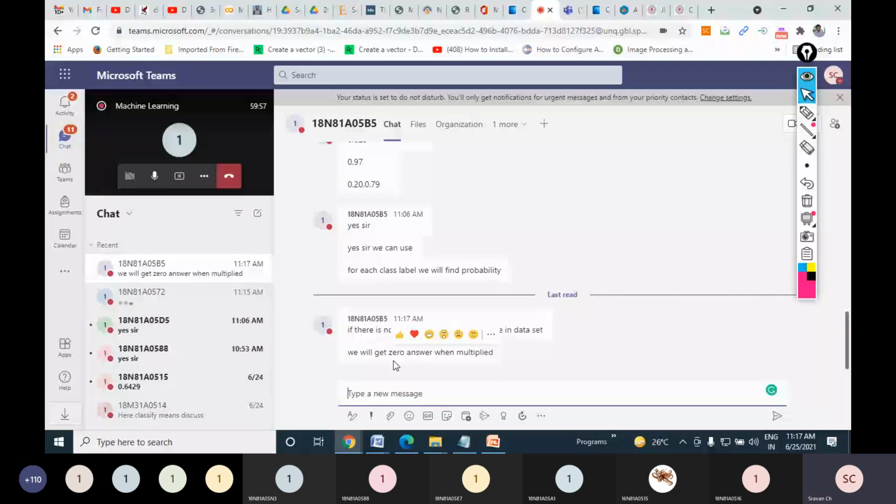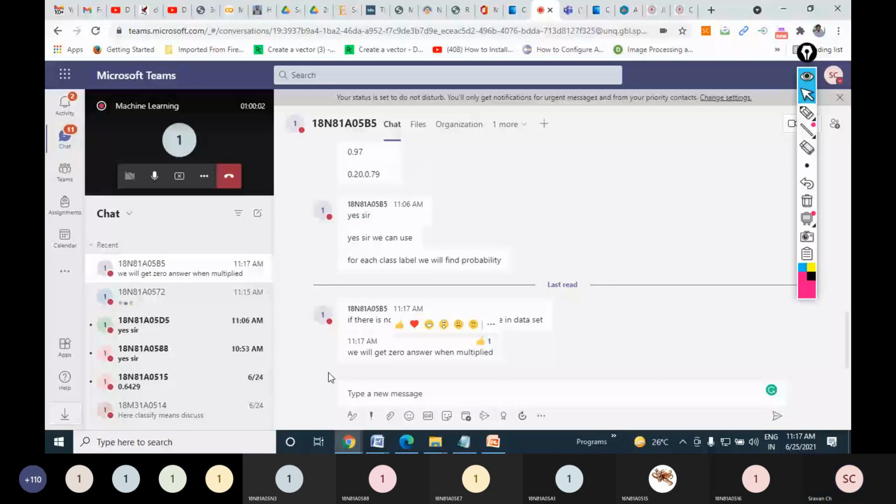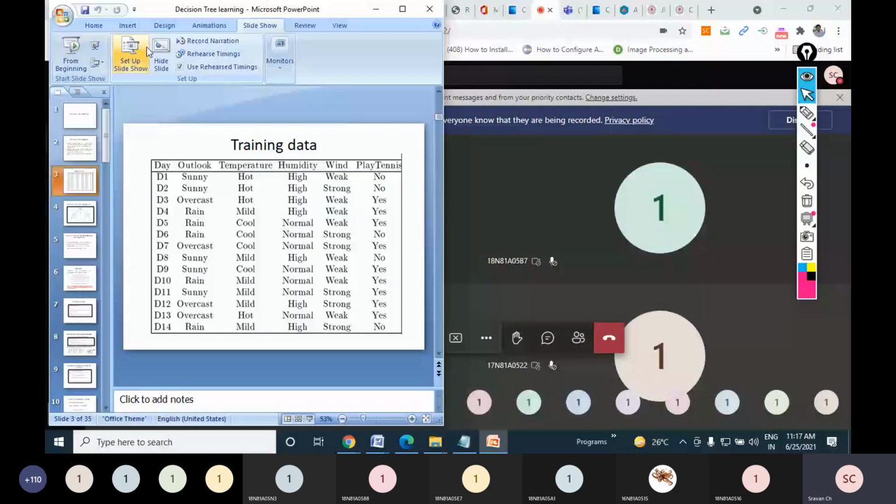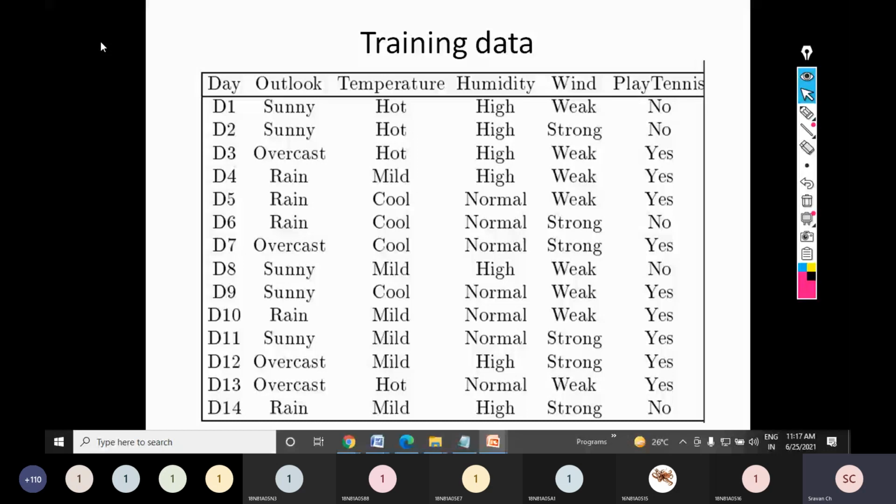What will happen is, suppose yes, no, we have taken. There are two problems here. Problem number one, let me show you the data set. Look at the data set. We have 14 records, out of which let us say 9 are positive, 5 are negative, right?